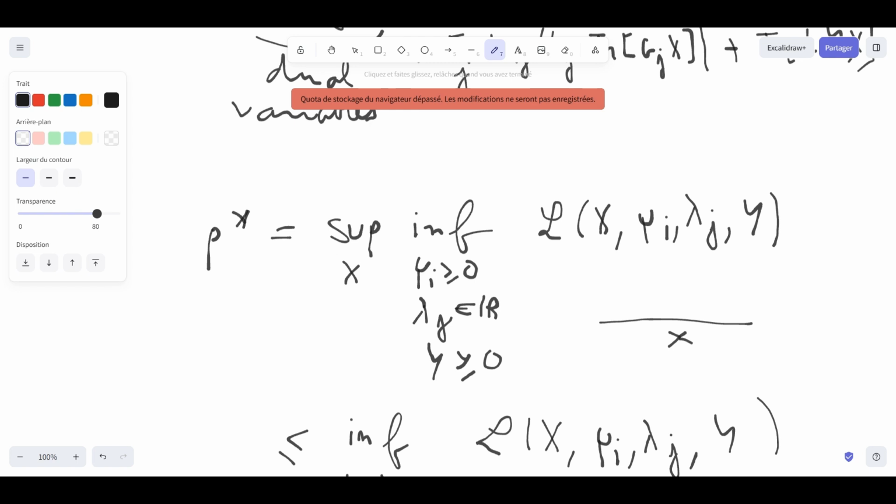Let's say there is a lot of infs, and so that's the sup of the inf, the biggest of the infs. And here that's the inf of the sup, because the sup is above this line.